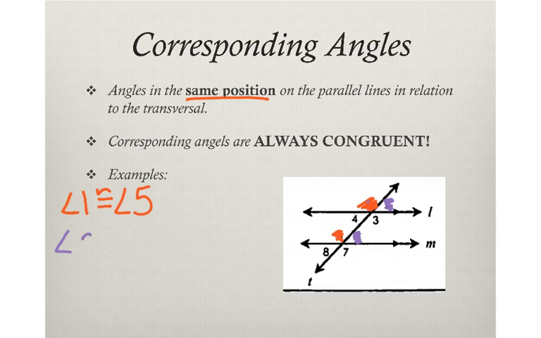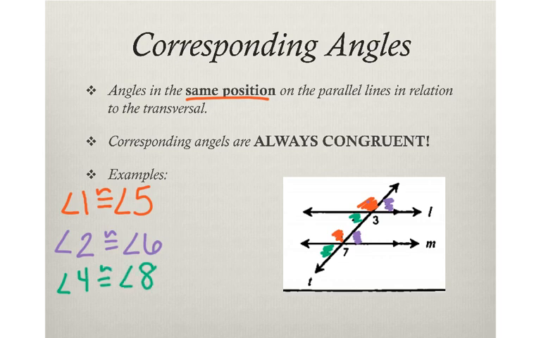So angle 2 is congruent to angle 6. Take another color. Angle 4. Angle 4 is going to be corresponding with angle 8. Same position, just on different lines.